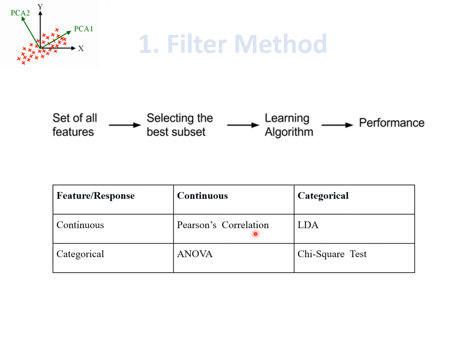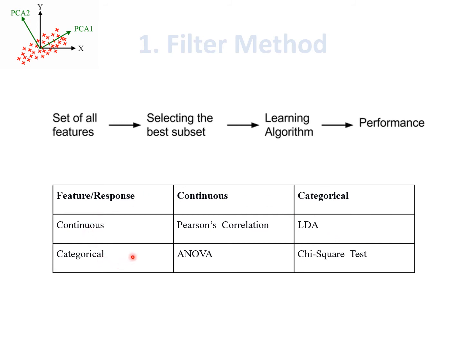For continuous variables, we are using Pearson's correlation, and for categorical variables, we are using LDA, linear discriminant analysis, which is a linear combination of features that characterizes or separates two or more classes.